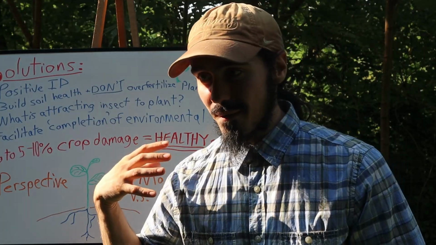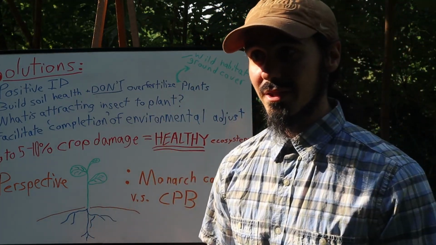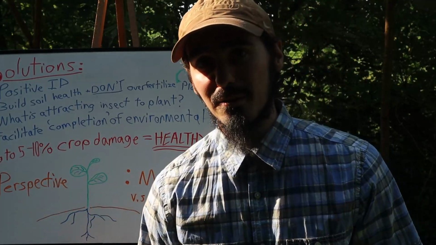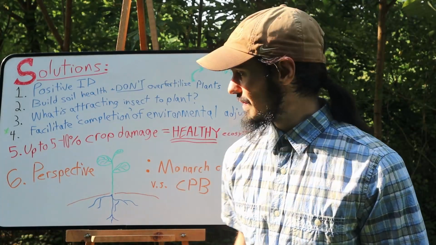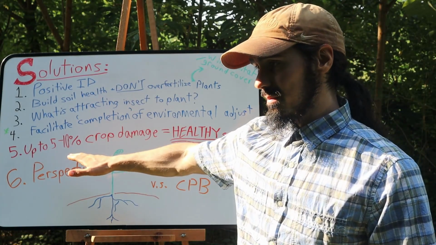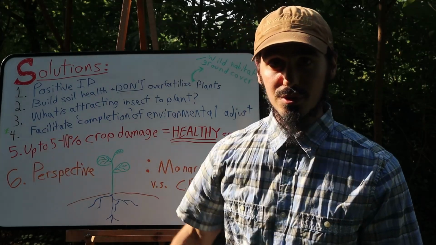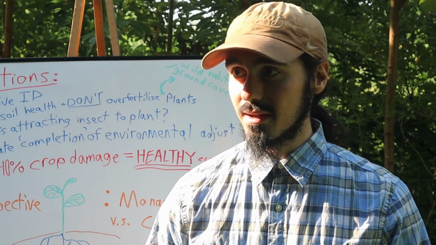But in order to have a more stable and reliable source of yield, of production, we need to take this into account. And also on that note, if we do crop scouting and we're looking out in the field and we see a pest insect presence that's greater than 10% damage or so, then that's basically a threshold, right, where we can at that point begin to take action, right?